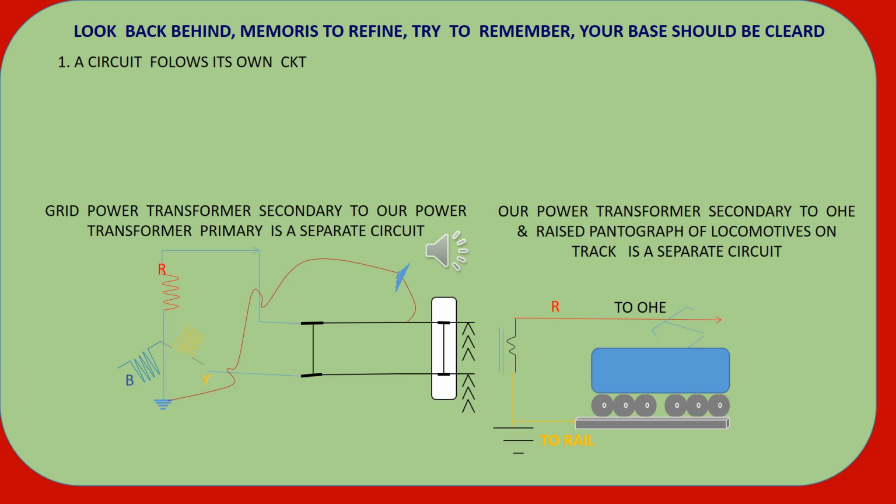That means the secondary circuit is okay, but the power supply will not be there, and it needs power supply, so we can extend it from another TSS. That means the secondary has no effect when there is a fault in the primary. Only the power supply will not be there, and you can take power supply from the other TSS by feed extension from SP.